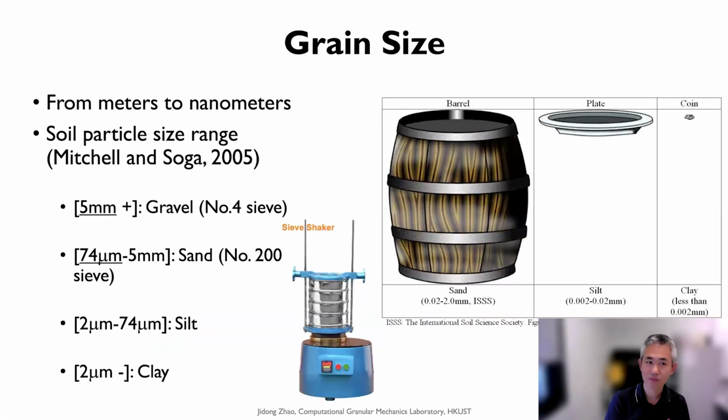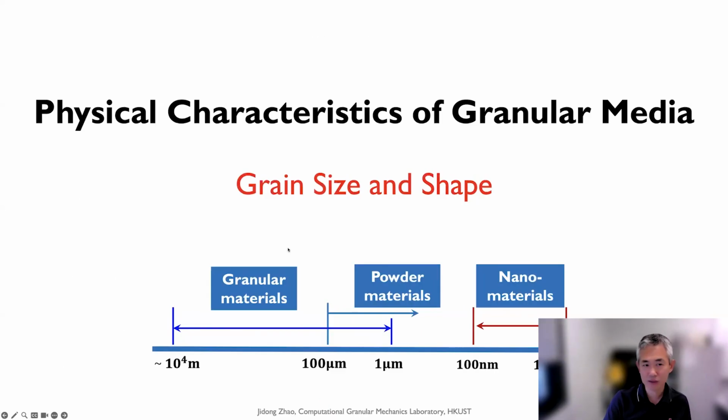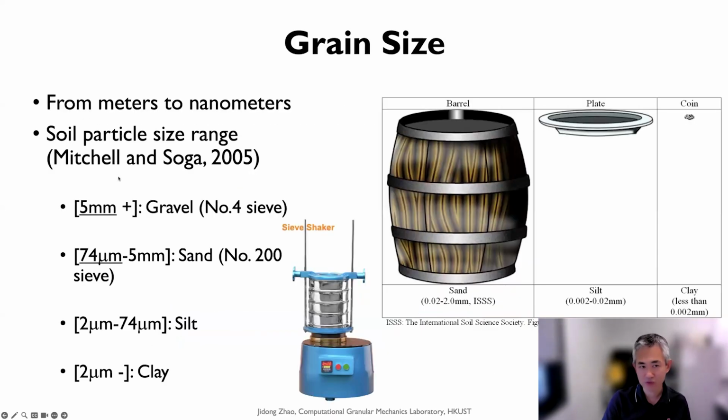First, grain size. From an engineering point of view, we can sort out the soil particle size ranges using what we call a sieve shaker. We put different sieves here to allow the small particles to fall down from the top sieve to the bottom sieve, and the big particles remain on the corresponding sieve.